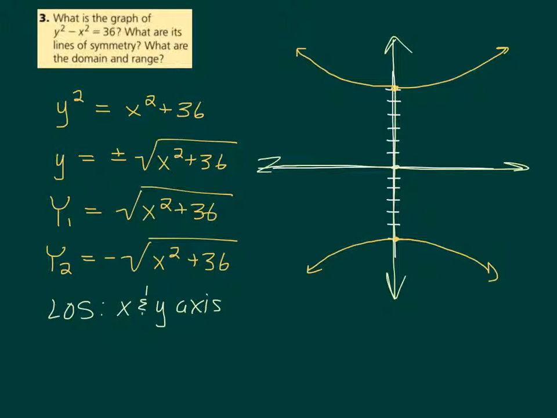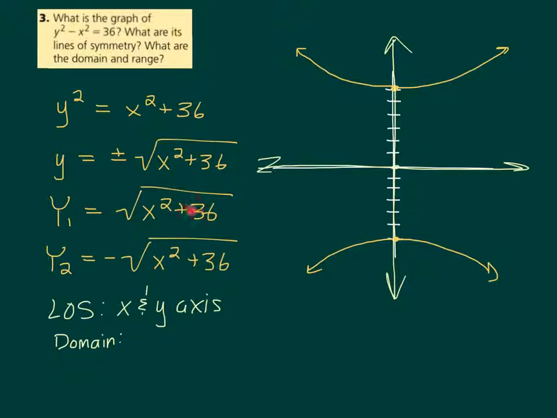What about the domain and range? Domain here could be anything. And you should be able to see that from the graph, going all the way in either direction, but also looking at the equation we came up with. We need x squared plus 36 to be greater than or equal to 0. X squared is always positive because it's squared, or 0.